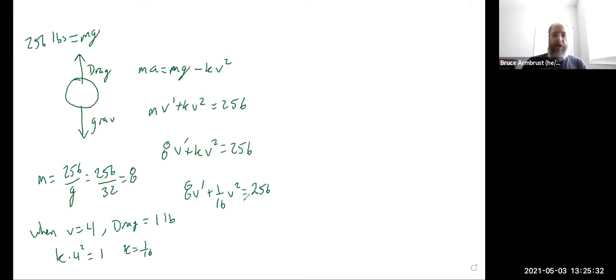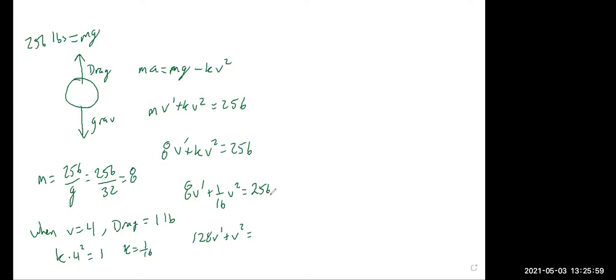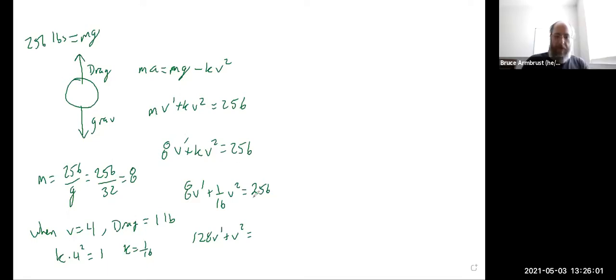There's our differential equation. I'm going to multiply everything by 16 just because I want to get rid of the fraction. So we're going to get 128 v prime plus v squared, and then that's going to equal, oh goodness, 4608. Thank you.